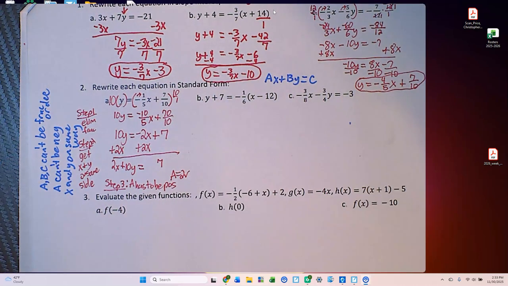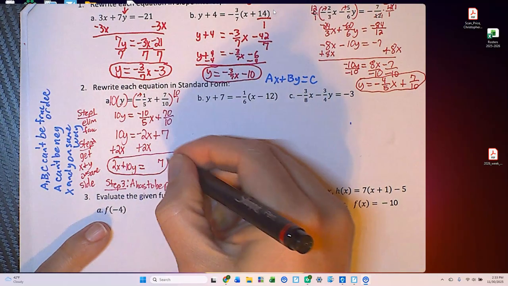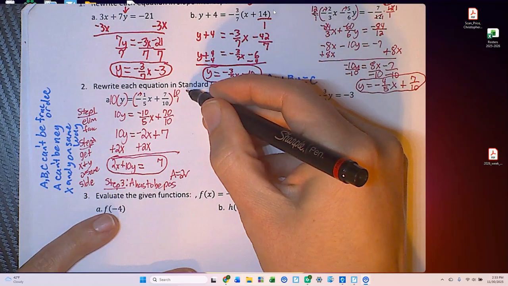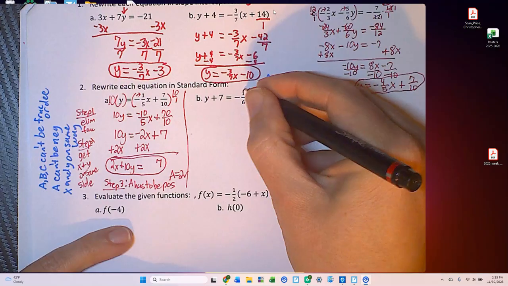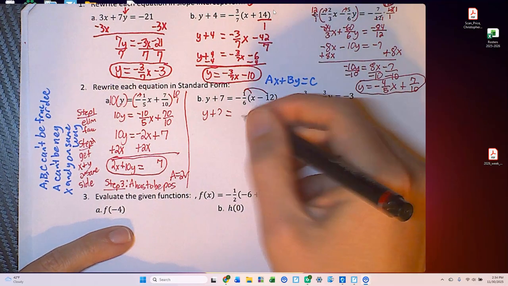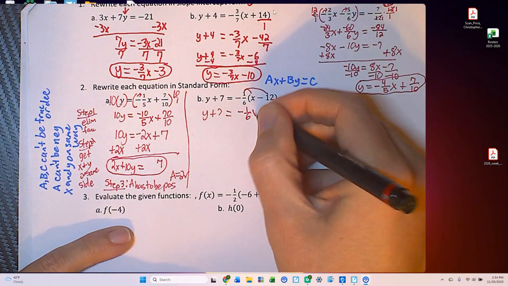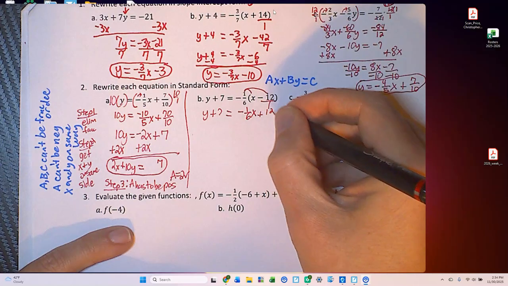A is 2. Check, check. So we're good. I distribute first. Negative 12 over 1. I get 12 over 6.